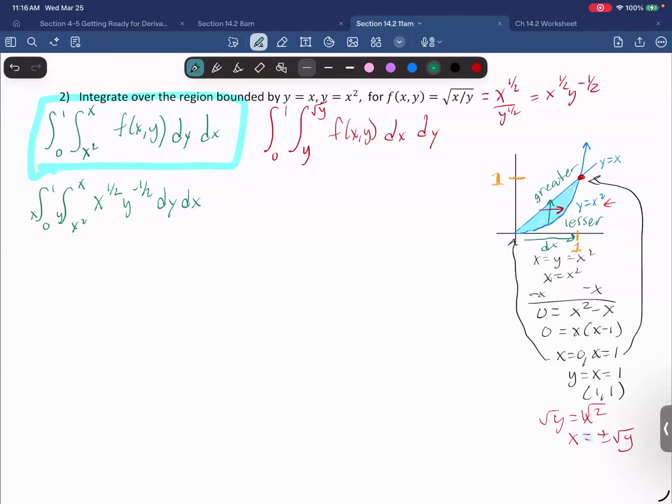Now we're integrating the inner function first. This is the part that's important right now. Even though you don't need to, if it helps with the integration, you can rewrite it like this: integral from 0 to 1 of x to the 1/2, then the integral of y to the negative 1/2 dy, then have our dx.